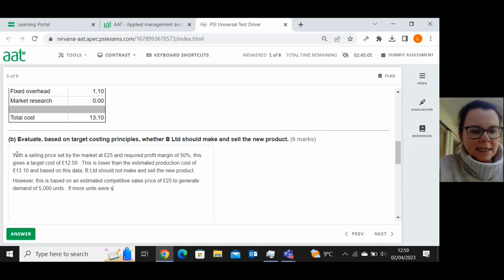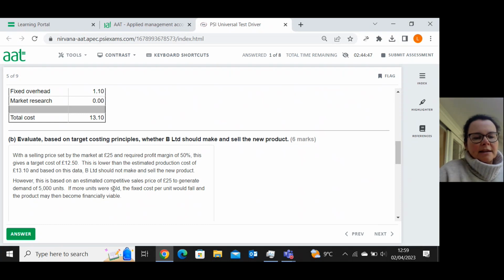If more units were sold, the fixed cost per unit would fall and the product may then become financially viable. Right, so explaining, you know, there's a bit of maneuverability in this. I also added, bearing in mind it's 6 marks, I'm mindful that 3 short paragraphs is probably what I'm looking for here.